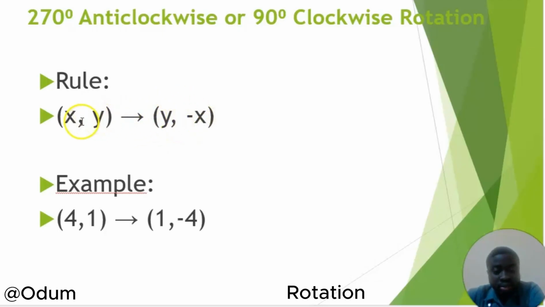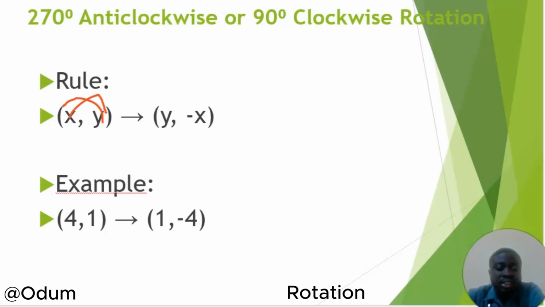So the x will go to the y, then the y will come to the x. Then you negate the x value. This x will come here, and this y also comes here, and that is what we see here. After moving this y to the x position, and the x to the y position, we are going to negate the x that is coming, and that is what we have here.